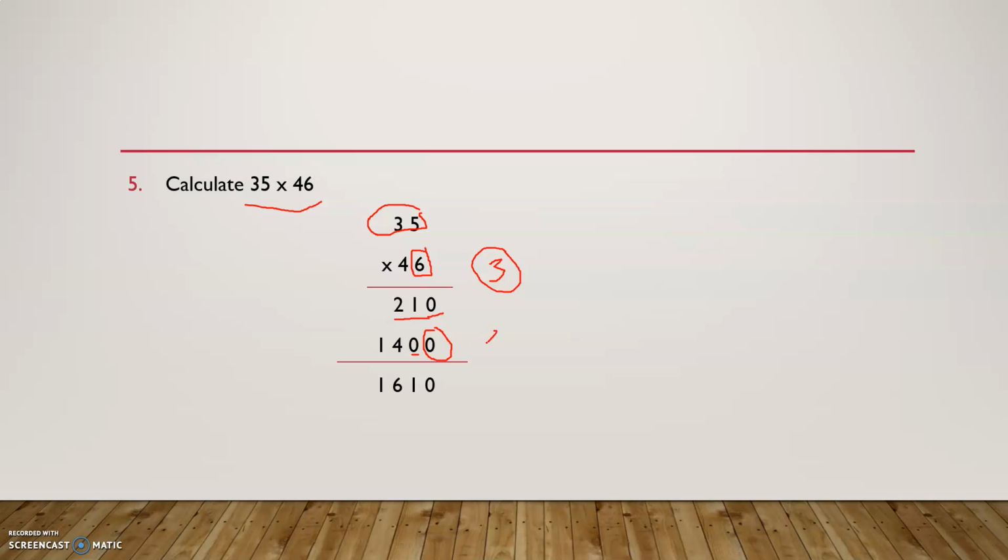We carry 2 to the next number, and then 4 times 3, which is 12, and then add 2, so that will be 14. Now we add this number with this number, so that will be 0 plus 0 is 0, and then 1 plus 0 is 1, 2 plus 4 is 6, and then we go 1. So 35 times 46 is 1610.